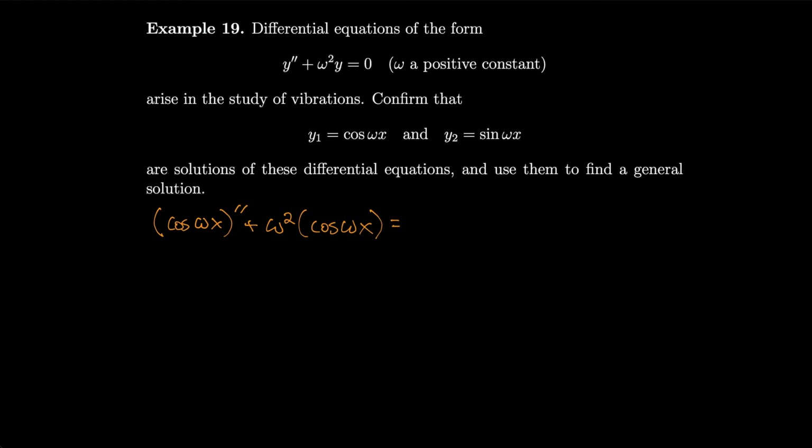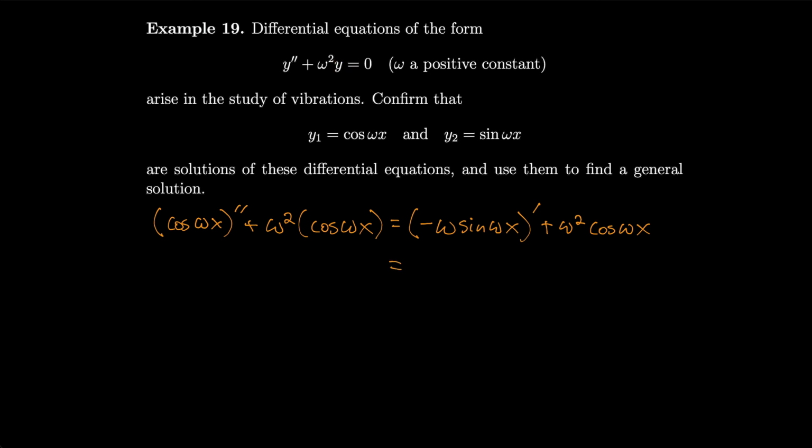I'll take the first derivative and I'll get minus omega sine omega x prime, because when I take the first derivative of cosine I get minus sine, and I have to use the chain rule and make the constant hop out in front, and then I'll add that to omega squared times cosine omega x. I don't have to take any derivatives here, there's no prime over there.